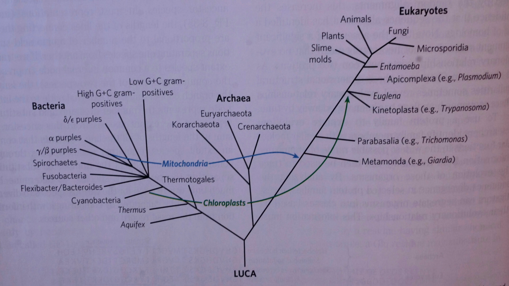So when you're looking at the eukaryotes and archaea and bacteria, the mitochondria can have movement across kingdoms to the eukaryotic line.